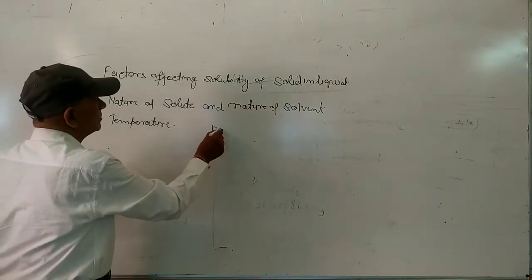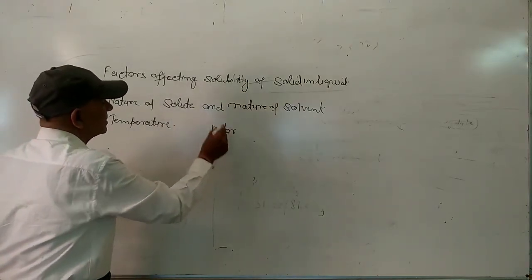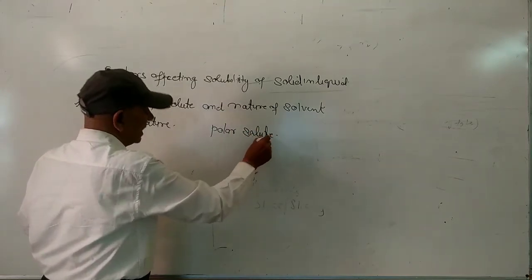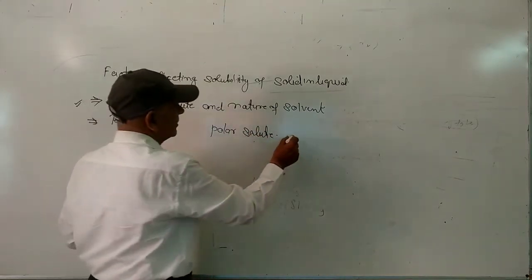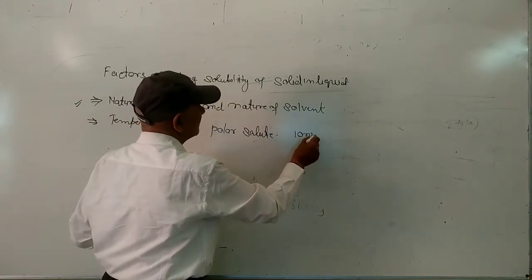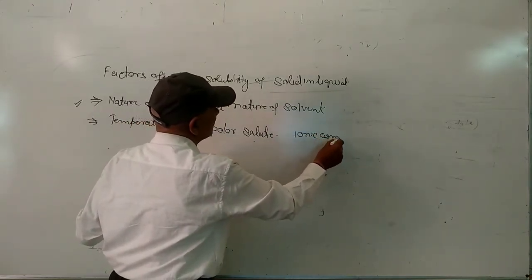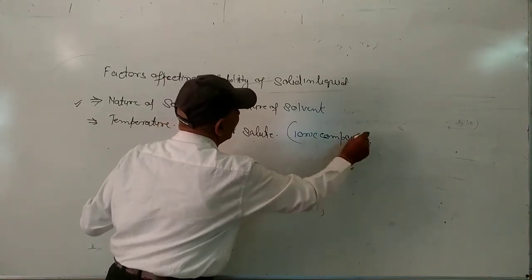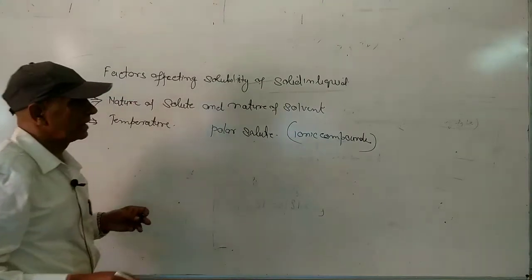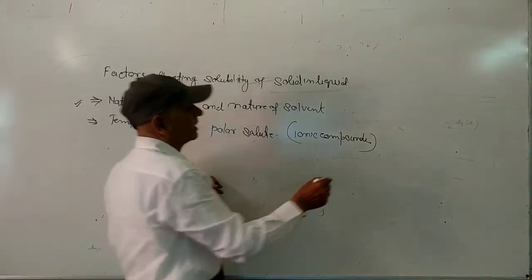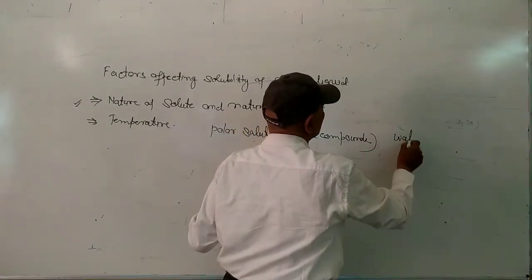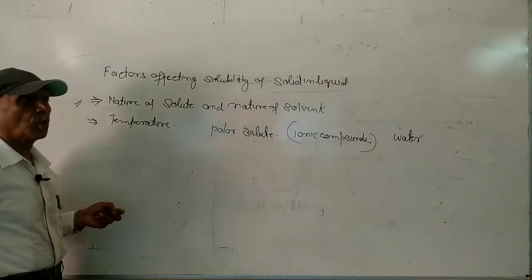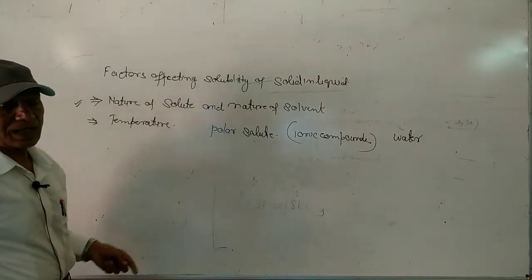So polar solutes, that is, ionic compounds, are highly soluble in water. Why is it so? Because water is also polar and ionic compounds are also polar.